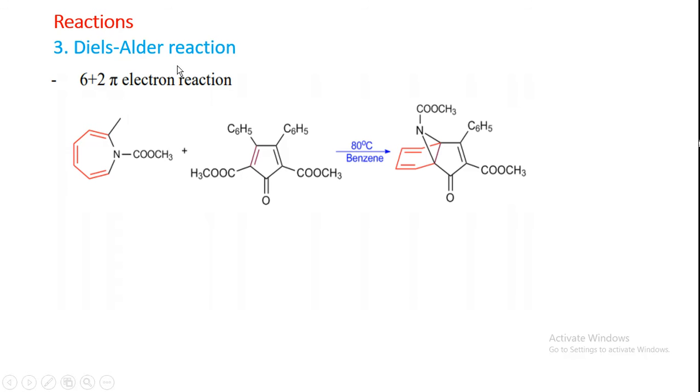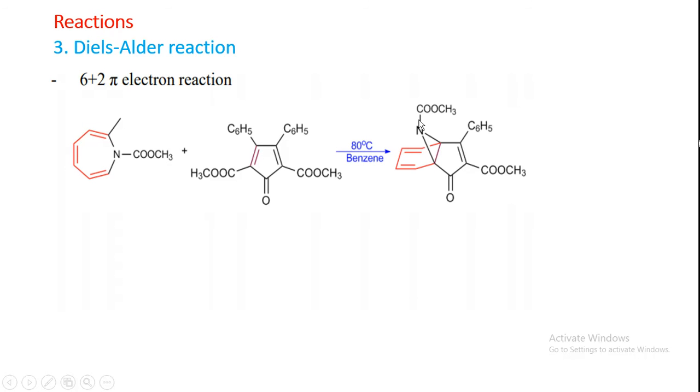Next, the Diels-Alder reaction. Here it is a Diels-Alder reaction, so this N-substituted, carboxy substituted compound, you react with this one at 80 degrees in benzene, so you will ultimately get this compound.